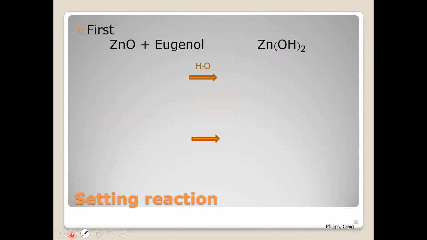So what will happen in the setting reaction is, first zinc oxide will combine with eugenol to form zinc hydroxide.